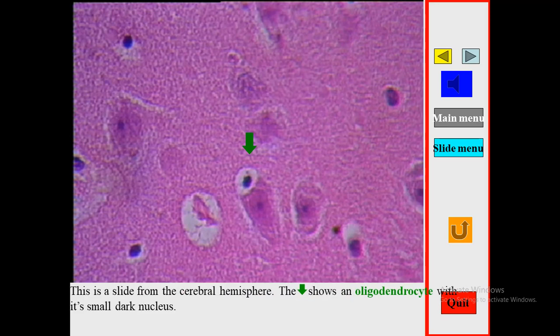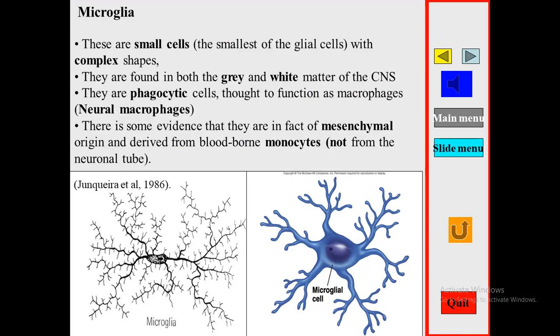This is an oligodendrocyte. The third type is the microglial cells. Those microglial cells are the macrophages of the central nervous system.